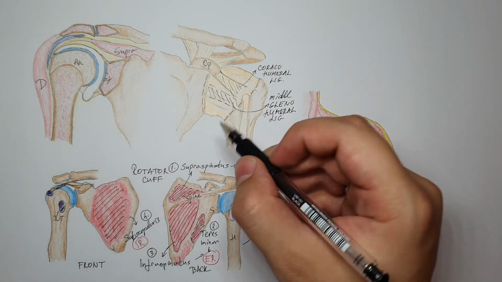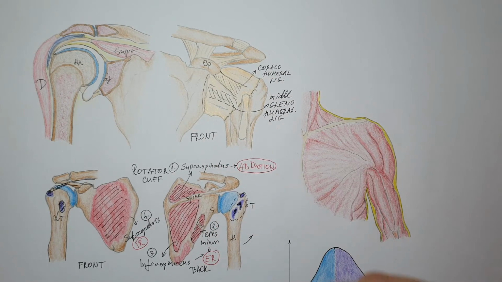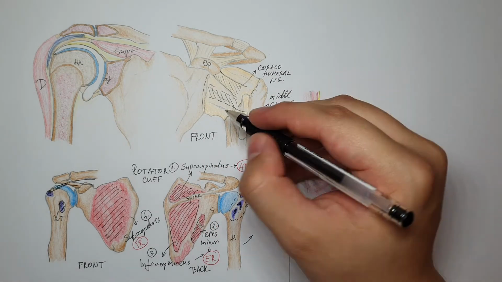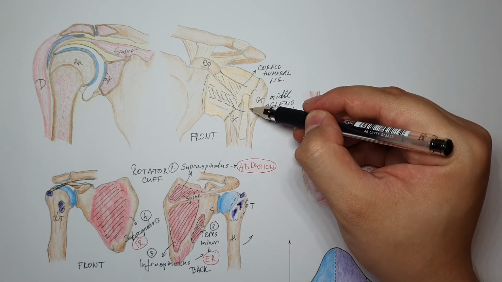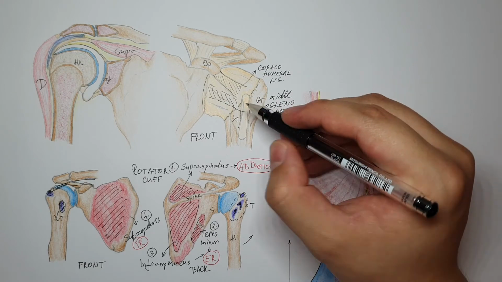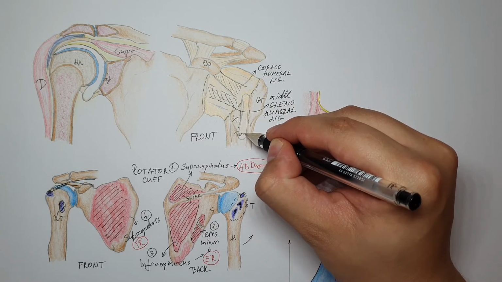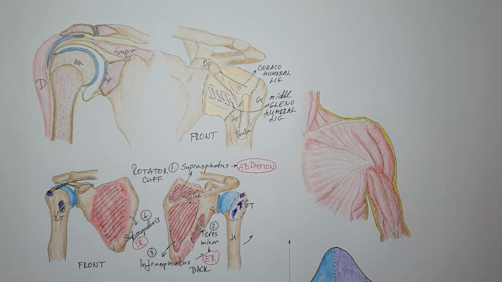So this is when we look at the shoulder from the front. So we see this is the lesser tubercle, this is the greater tubercle. Here is the bicipital groove between the tubercles where we have the tendon of the long head of the biceps that is also a stabilizer of the shoulder joint.